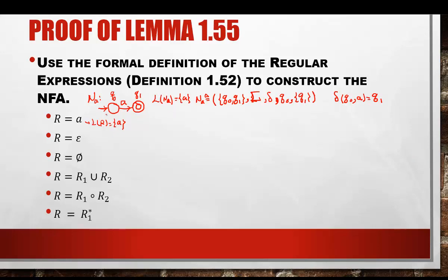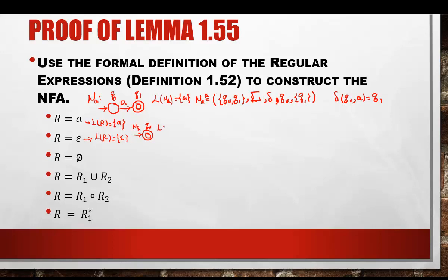The second step of my proof is to show that there is an N sub epsilon that recognizes the language of the regular expression epsilon. The language of the regular expression epsilon is effectively the set composed of the empty string. And you already know what kind of automaton recognizes it: the automaton with a single start state, which is also the accept state. We call this Q sub 0, and we call this N sub epsilon.